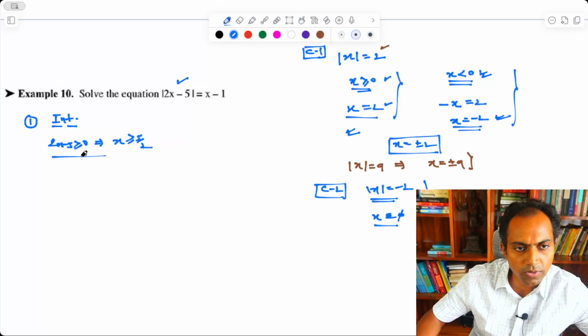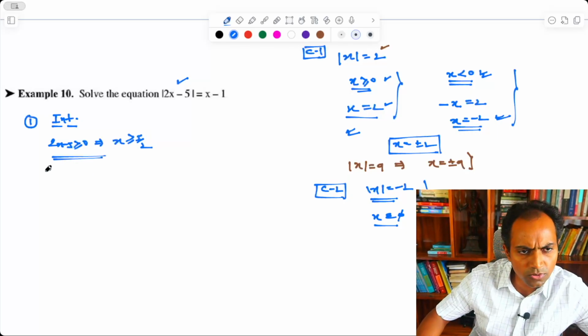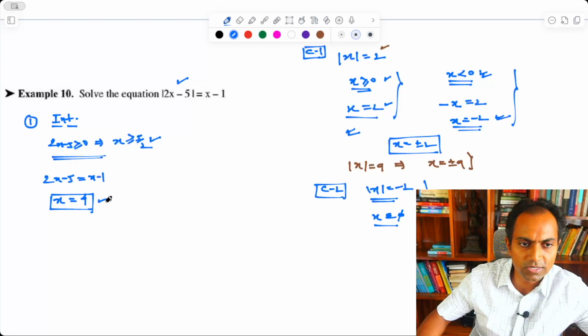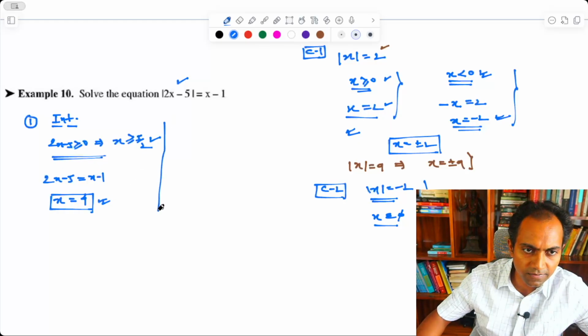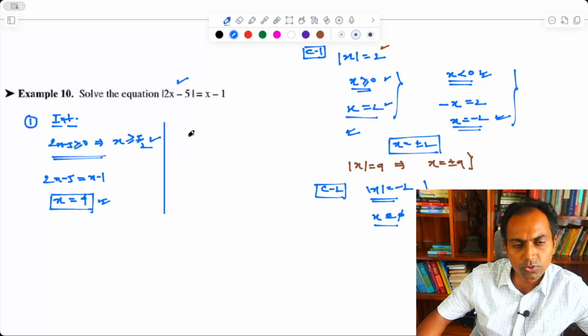Now, since we are looking into values that are greater than or equal to 0, the modulus will open with a positive sign, and then this would be equated to x minus 1, x will get cancelled out. The value of x, if I solve this, comes out to be 4. Now, since 4 is greater than 2.5 or 5 by 2, this is an acceptable answer. In the next case, I will consider those values of x smaller than 5 by 2.